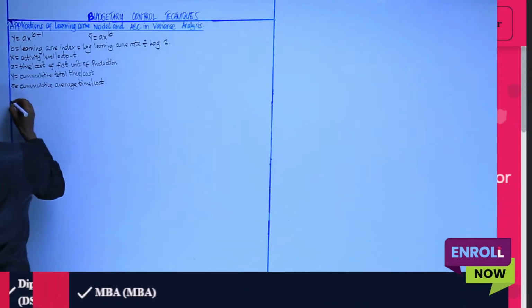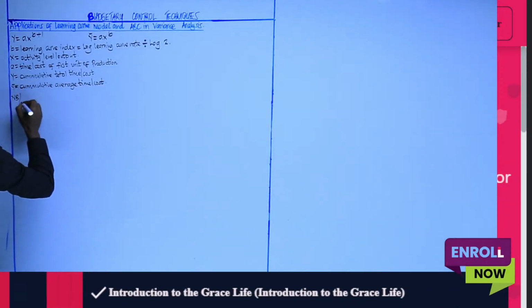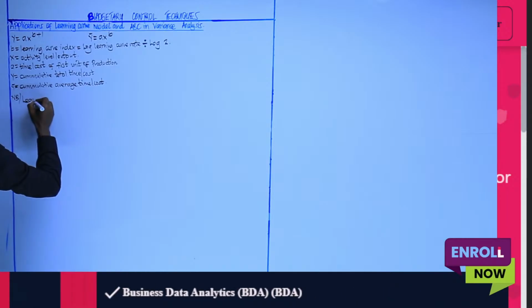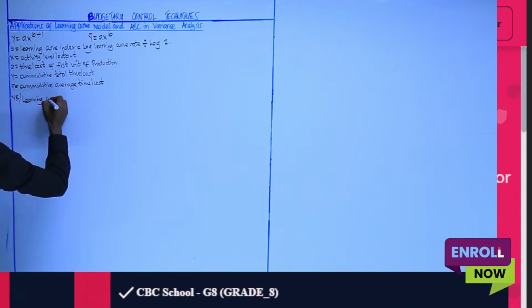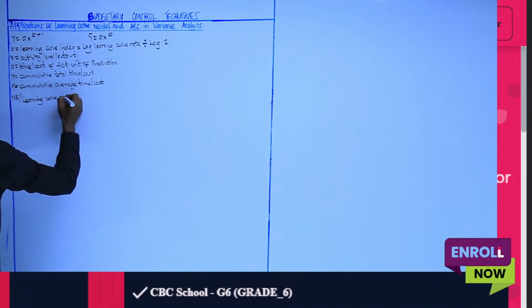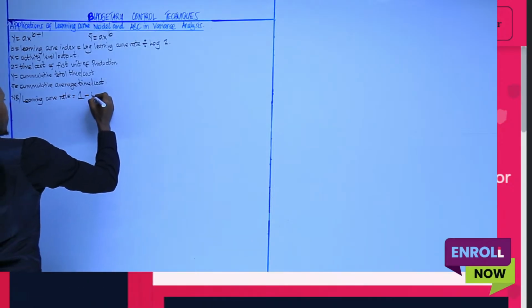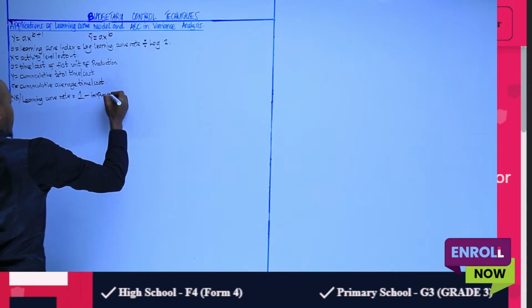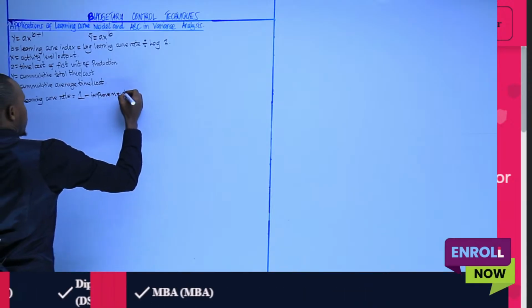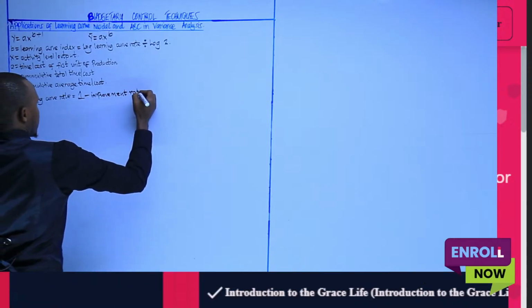And we also said that, NB, your learning curve rate is simply 1 minus your improvement rate.